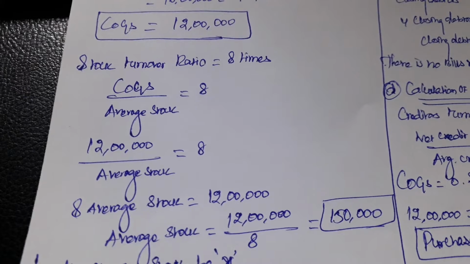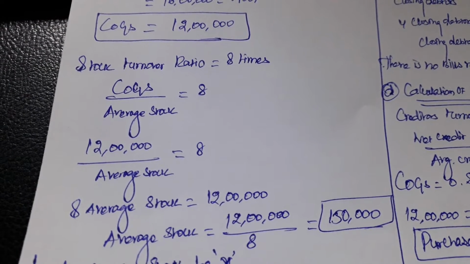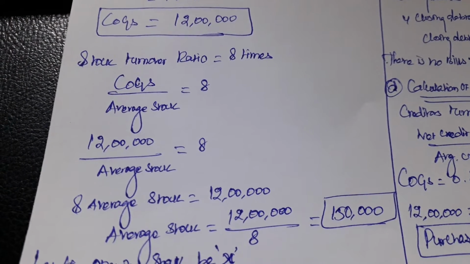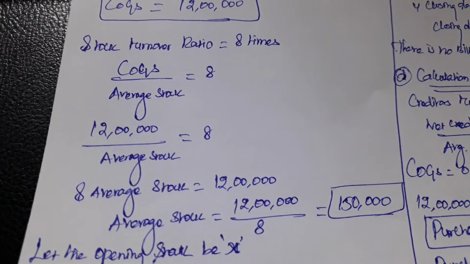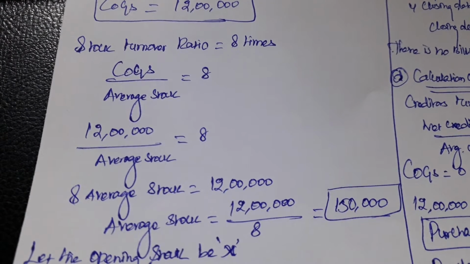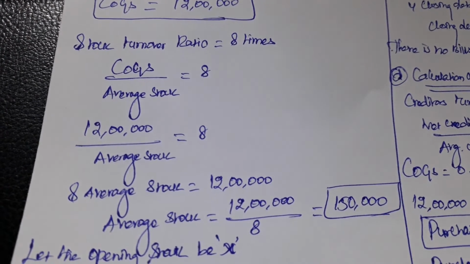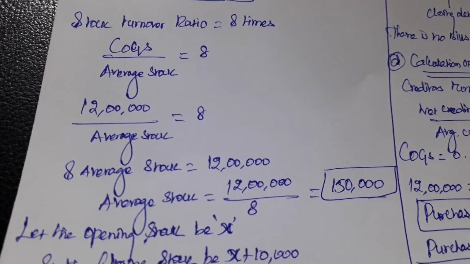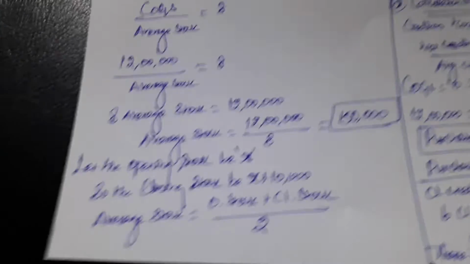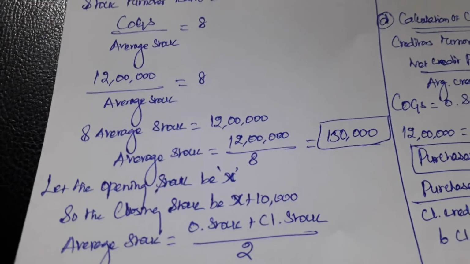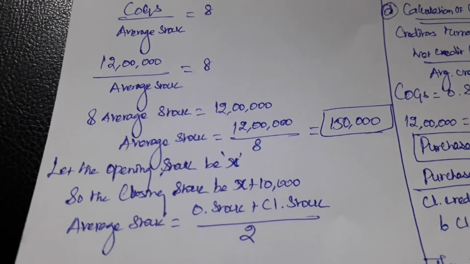If we cross multiply and simplify further, we get average stock as 1,50,000. It is not the final stock; it is average stock.